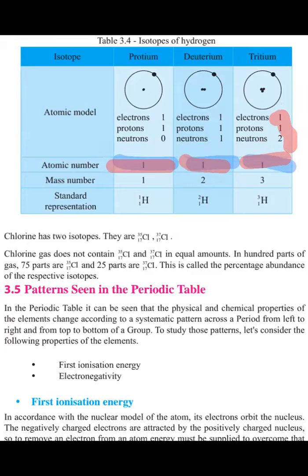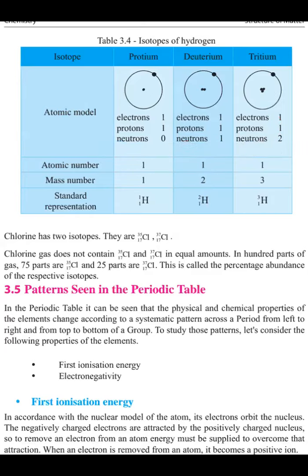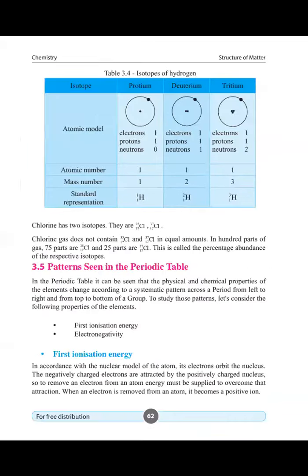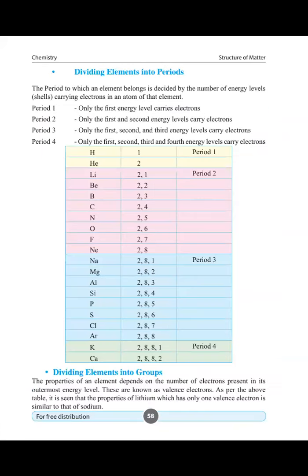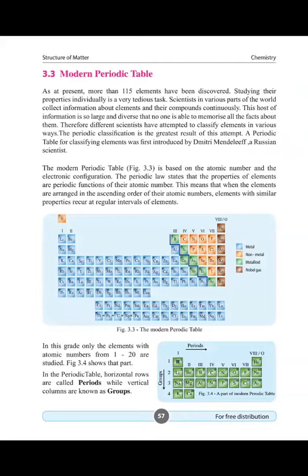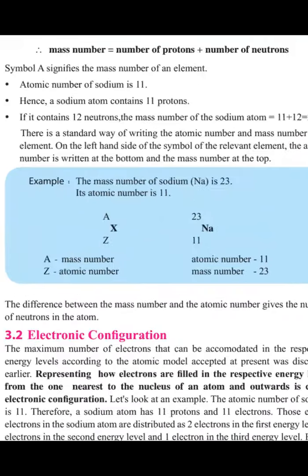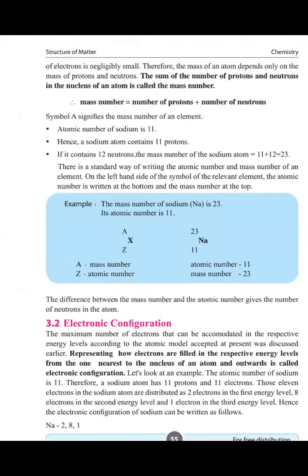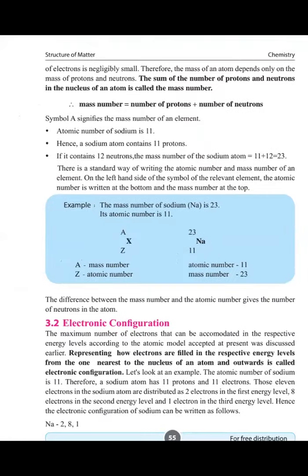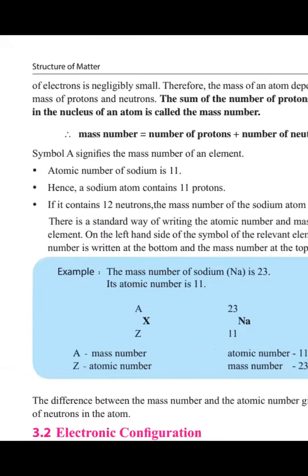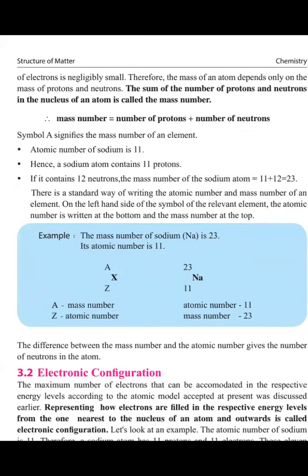You can remember the equation for mass number. Here, mass number is equal to number of protons plus number of neutrons.